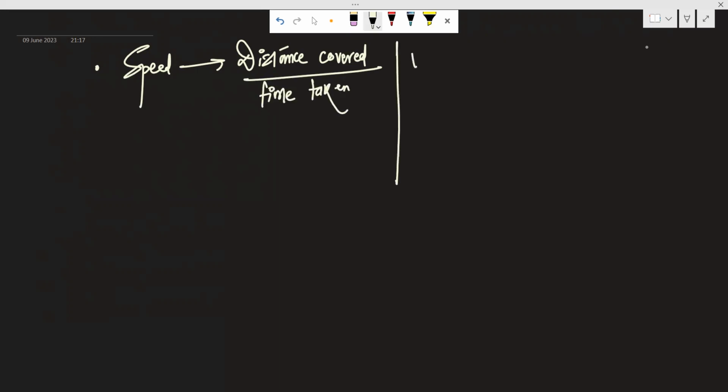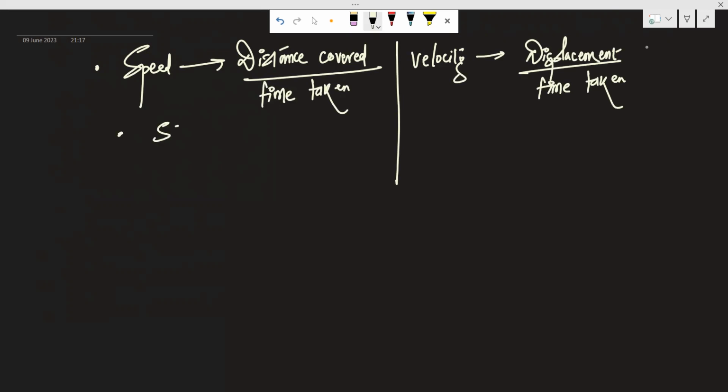Whereas velocity refers to the displacement of the object per unit time. Once again, speed is a scalar quantity, velocity is a vector quantity.